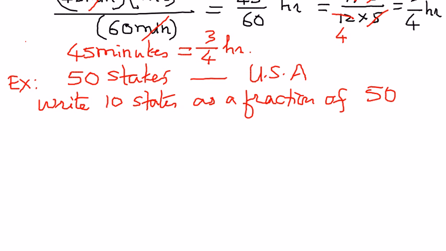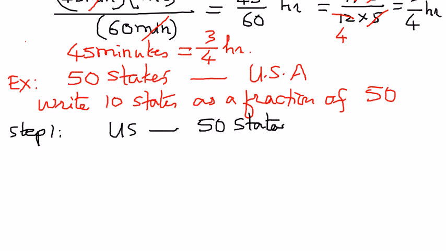So how do we do that? Step number one. In the US, we have 50 states. We want to know what fraction of the United States 10 states is. So the way we write it out is as follows: 10 divided by 50.